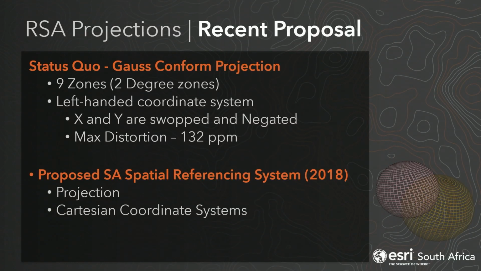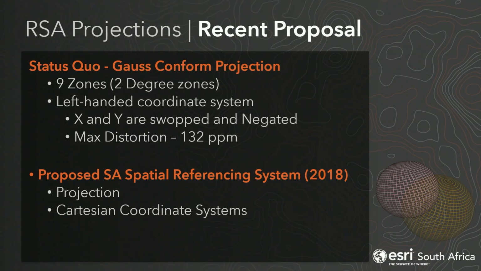Recently, there was a proposal to update our large-scale mapping projections to move away from the Westings, Southings, the Gauss-Kruger. So if you look there, the status quo at this point in time is Gauss conform projection with the 9 zones, and it's a left-handed projection system. As I say, it's a Westings-Southings.